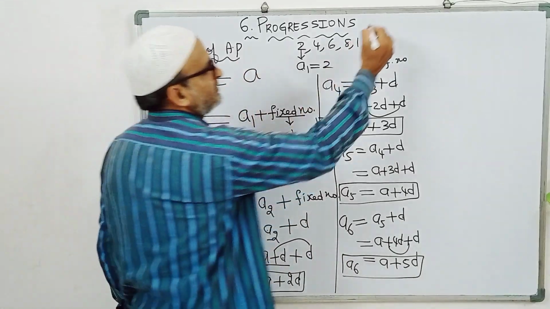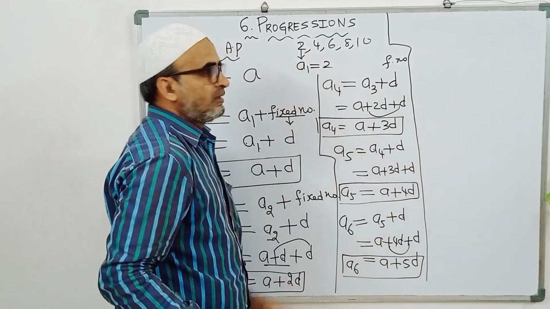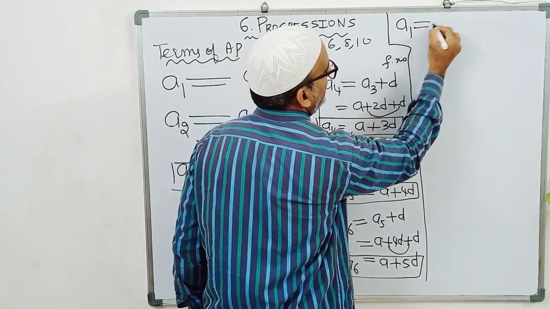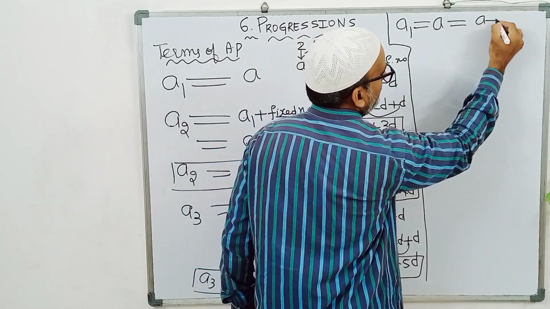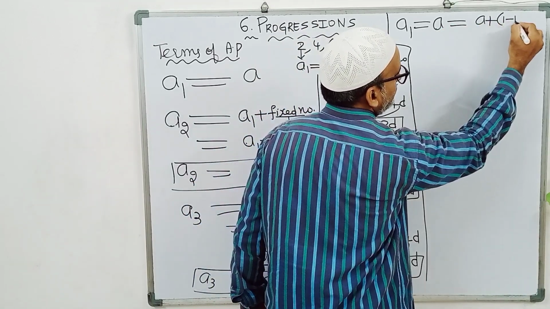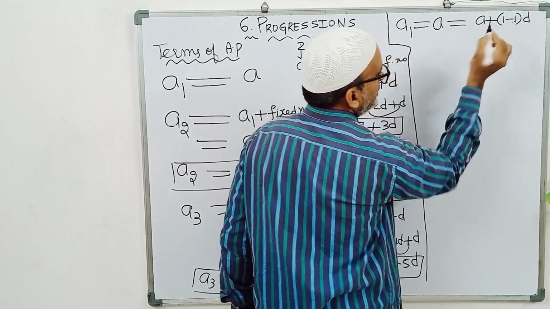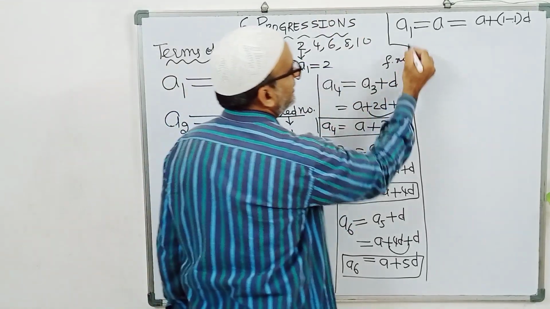Now you see here. A1 is equal to A. Can I write this one like this: A plus (1 minus 1) into D? 1 minus 1 is 0, and 0 D's are 0, so A only. Why is that? Let me show you the logic.